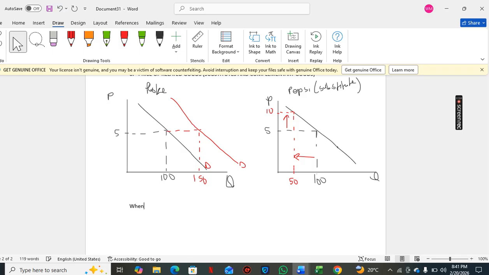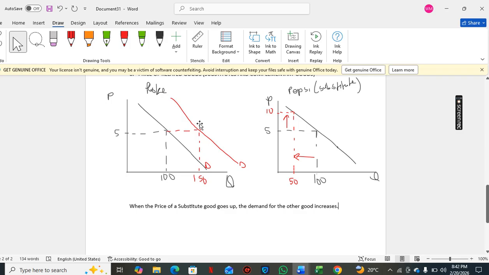When the price of a substitute good goes up, the demand for the other good increases. As we saw here, the price of Pepsi went up, and demand for Coca-Cola also went up.